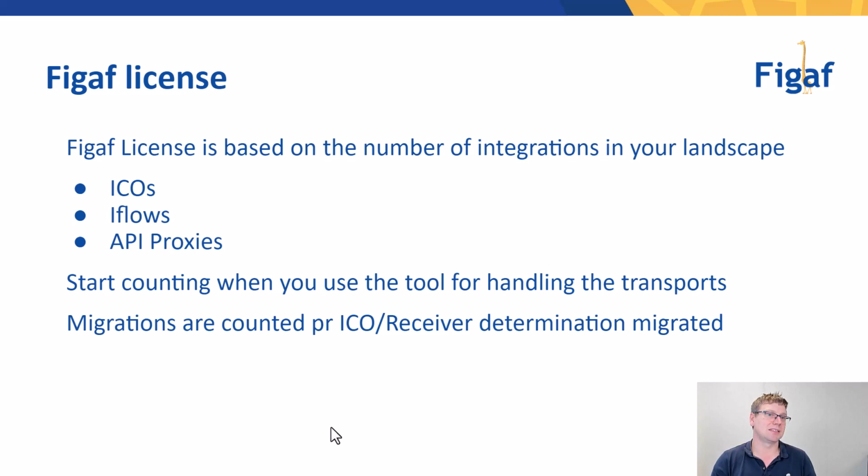So this is the main name that it would be used, and if you then start transporting this, then it would count. So if you have 100 iFlows in your system, but are only using the tool for one ICO, you're only getting a one ICO count. It is only when you use the tool it will start counting.